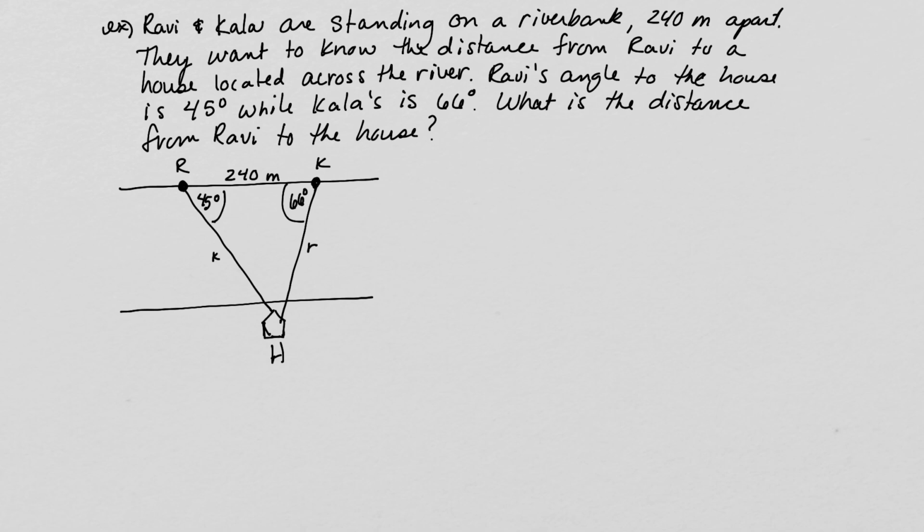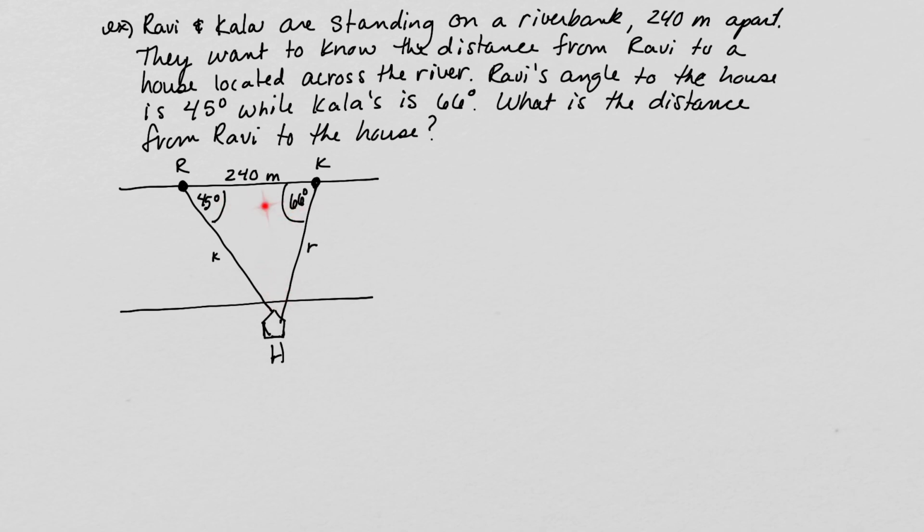I have 66 and lowercase k, so we're going to use this for one of our pairs. The only side length I know is the 240, so I want to use the 240 for my other pair. Across from the 240 is this angle here, and I don't know what that angle is.